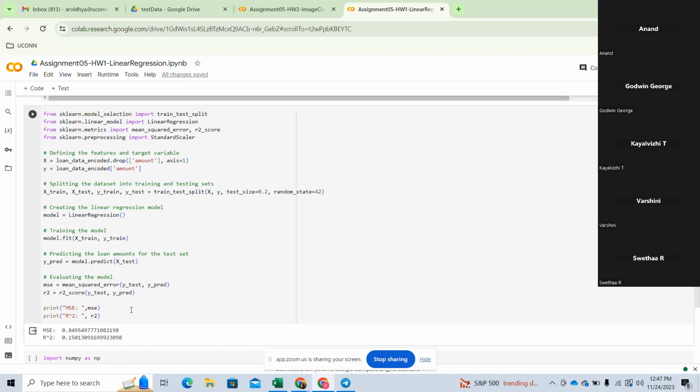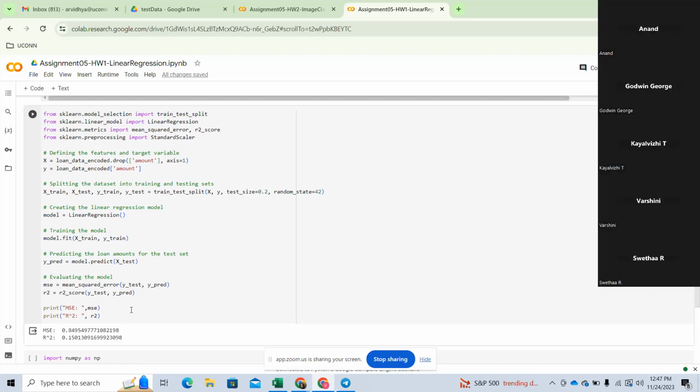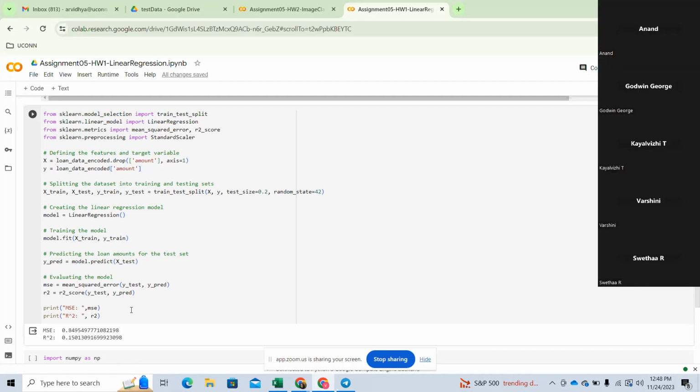If R square is closer to 1, that tells exactly what VC tells: it's able to explain the variance of my entire data using a straight line. When R square is closer to 0, the hypothesis that it's a straight line is wrong because it's not able to even remotely explain the variance.